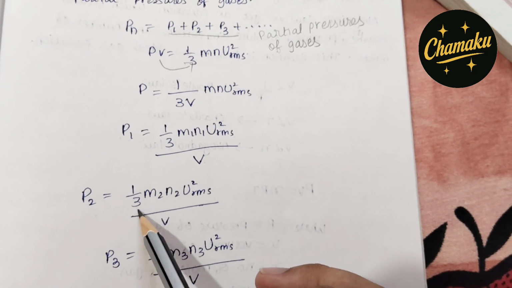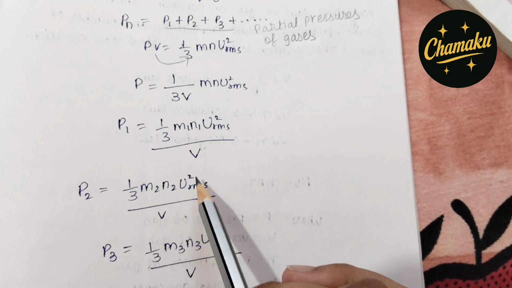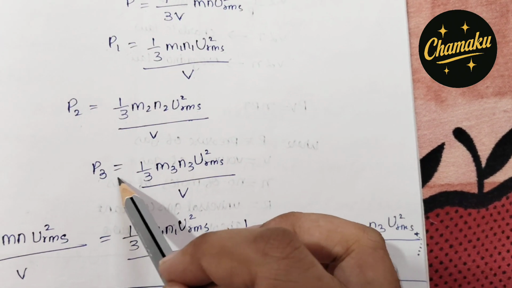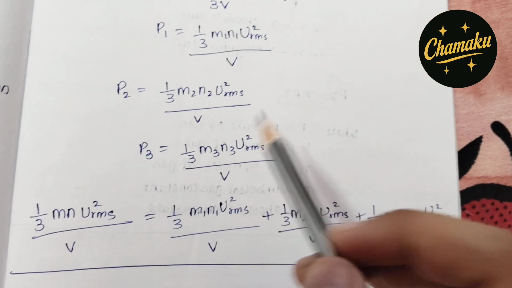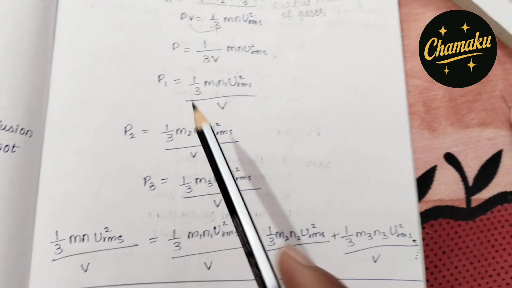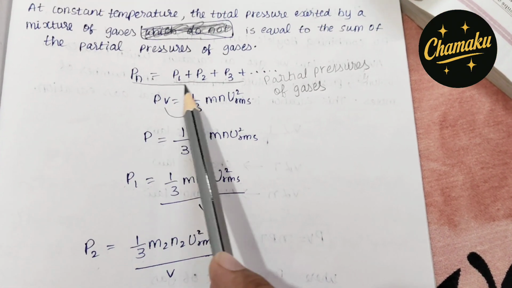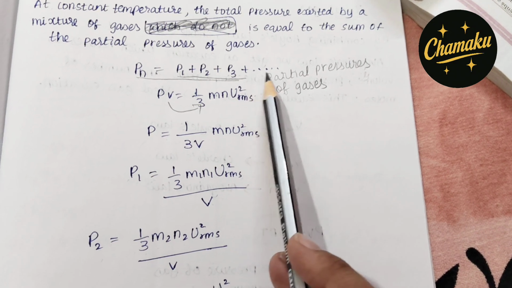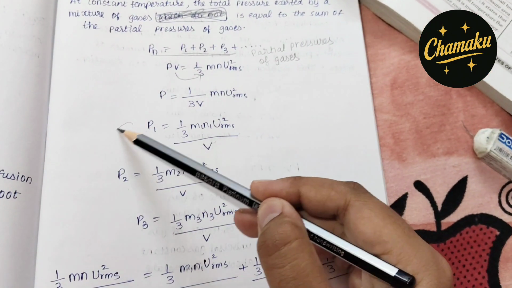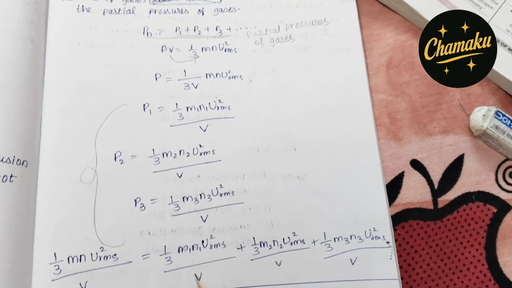Okay, so 1 by 3 m2 n2 u square RMS by V. P3 is equal to 1 by 3 m3 n3 u square RMS by V, and therefore at last P is equal to P1 plus P2 plus P3 and so on, right? So just take all these formulas and just keep them equal to P.